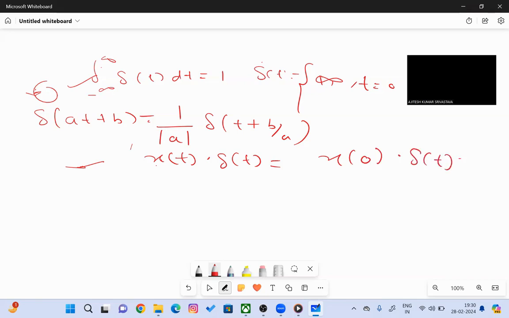Similarly, x of t into delta of t minus a is written as x of a times delta of t minus a. This property you have to remember.